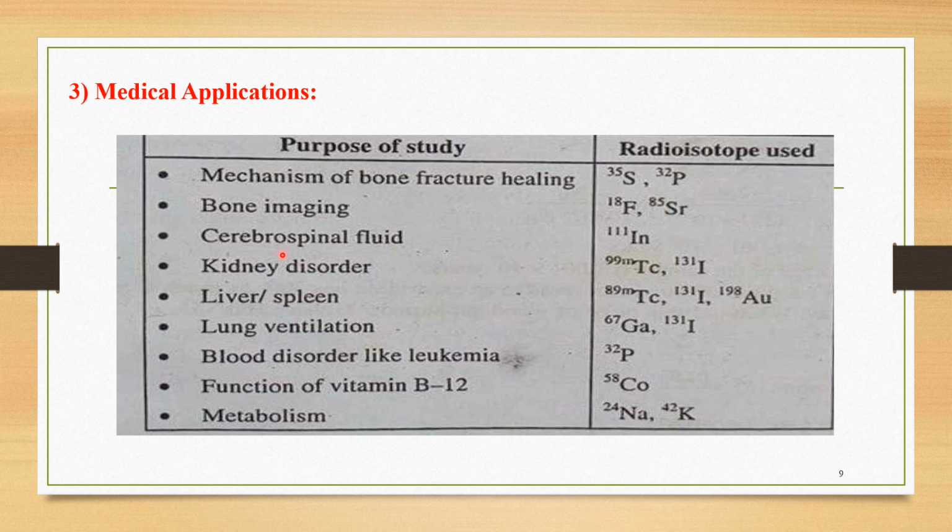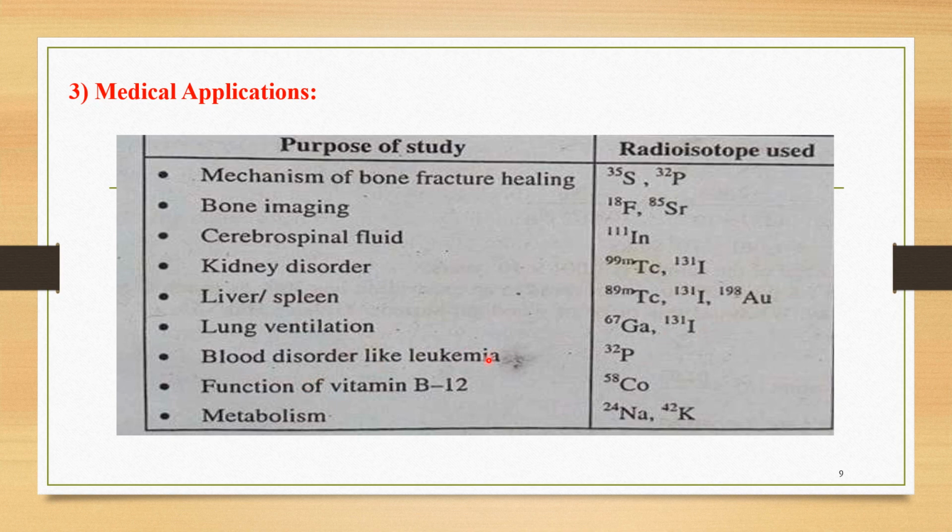In the same way, to study cerebrospinal fluid, we use the isotope of indium. For kidney disorder, we use isotopes of technetium and iodine. For liver and spleen, we may use isotopes of technetium, iodine and gold. For lung ventilation, we may use isotopes of gallium and iodine.